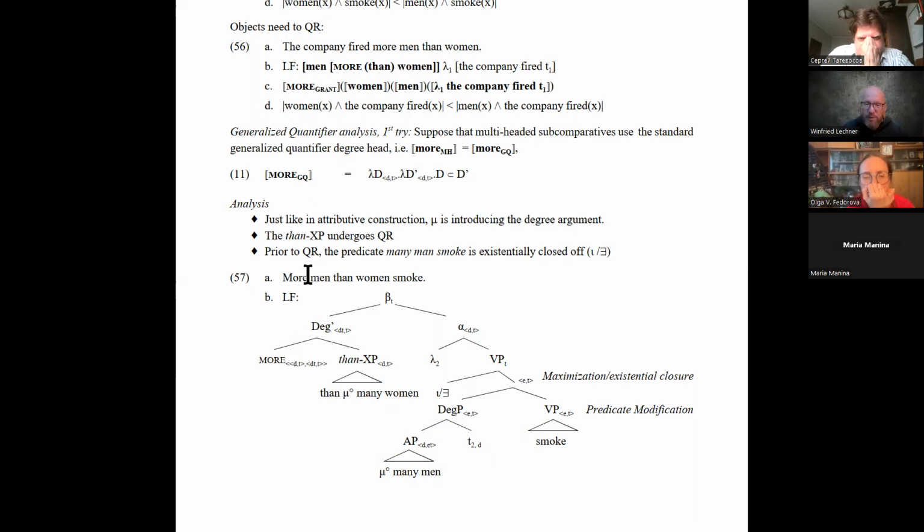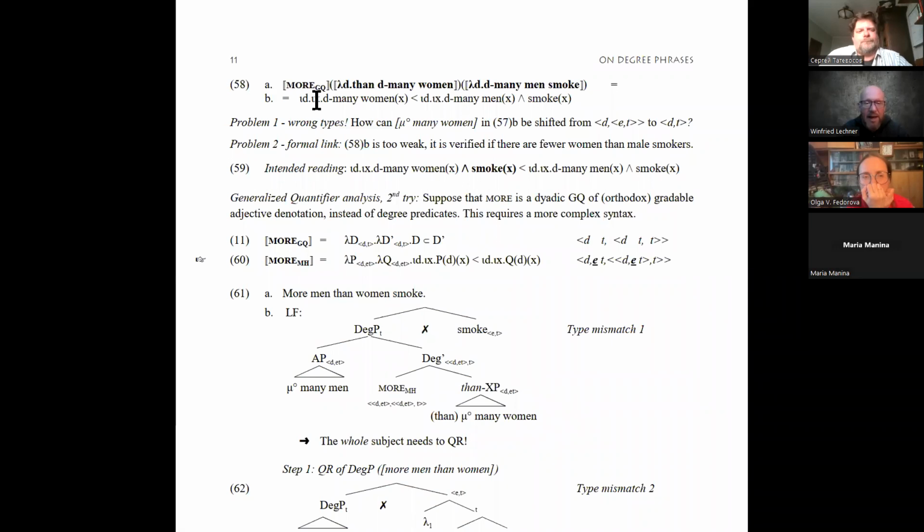Okay, let's see. This is what we get as the rough meaning: the degree such that there are women to that degree is below the degree such that there are men to that degree and they smoke.